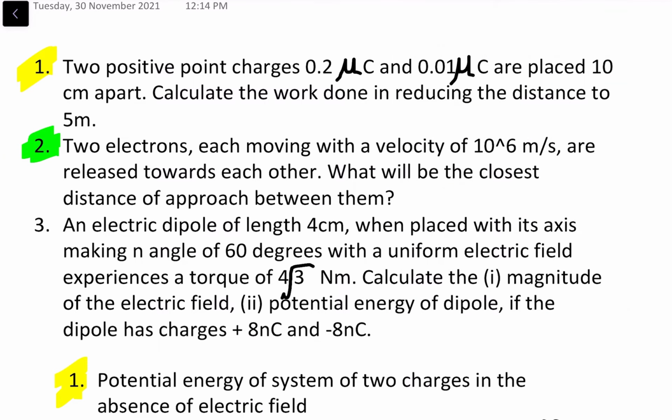Two electrons, each moving with a velocity of 10 to the power of 6 meters per second, are released towards each other. What will be the closest distance of approach between them? So two electrons are released towards each other. What can be the closest distance of approach between them?